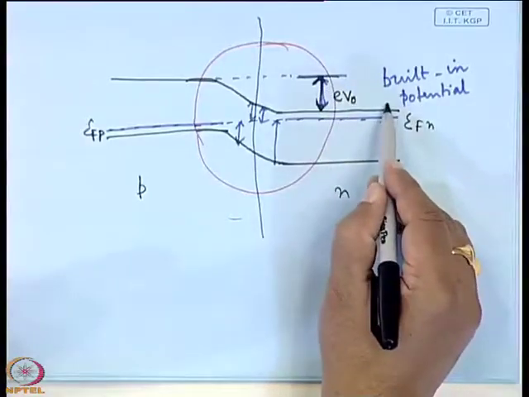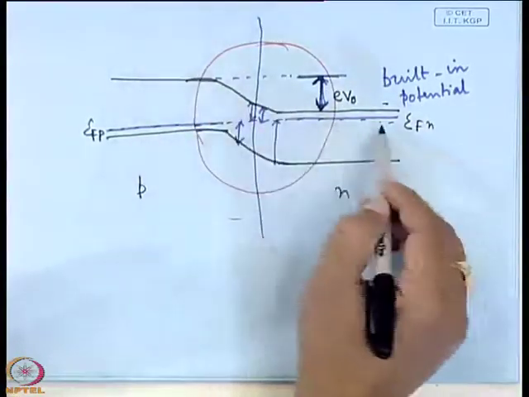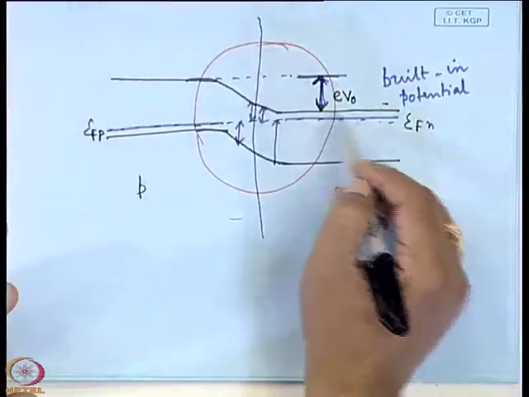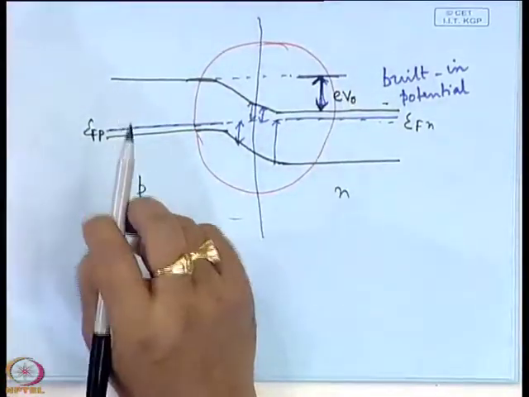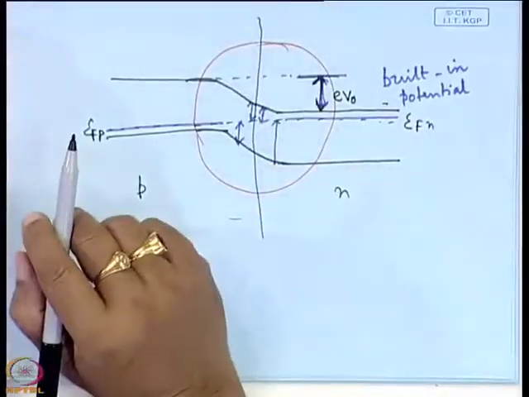Now, if an electron moves from here to here, what will we have to do? You will have to cross a barrier of energy EV0. Unless the electrons are energized with EV0 amount of energy, electrons will not be able to cross the barrier.